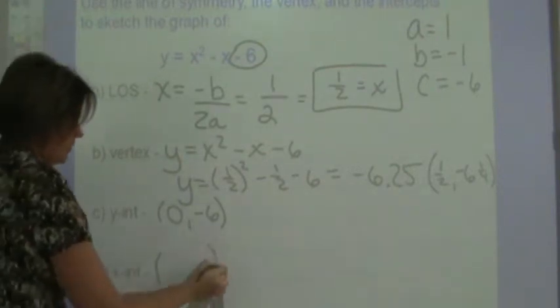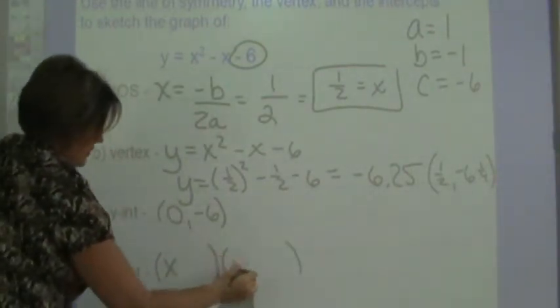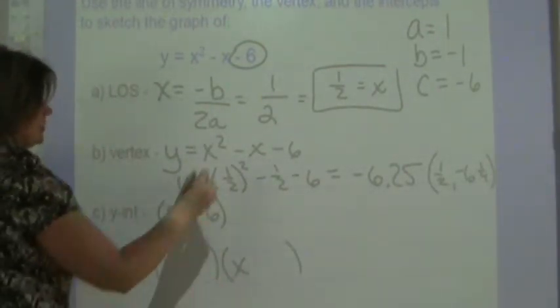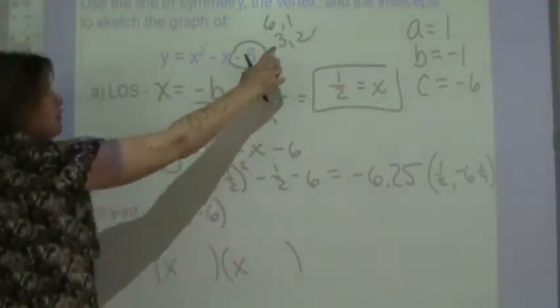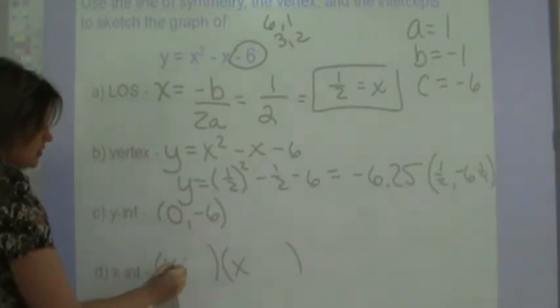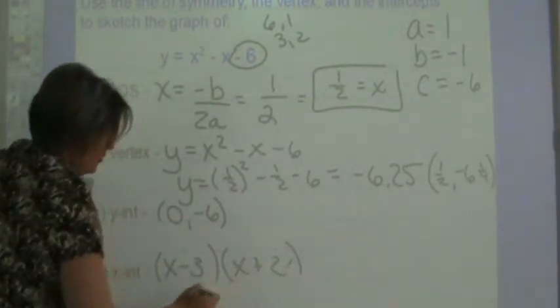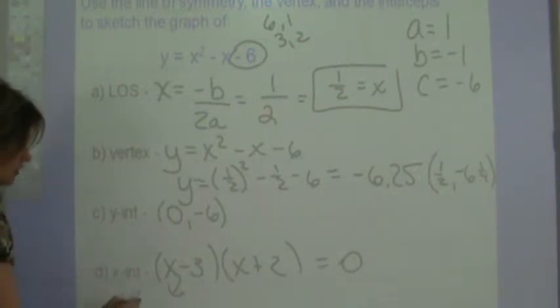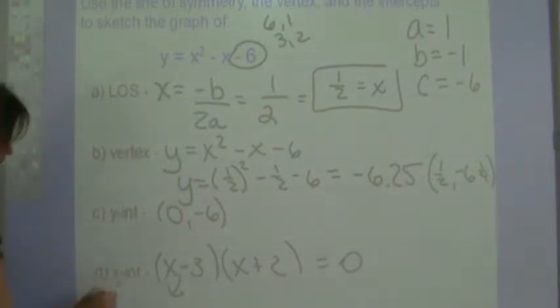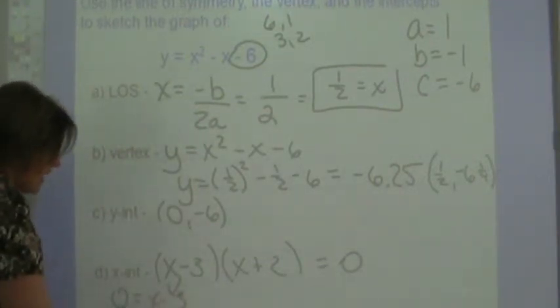And then we do our factoring. That's going to factor to, let's see, we want 6 and 1, or 3 and 2. Well, 3 and 2 when I subtract is going to get me my 1, so it's going to be x minus 3 times x plus 2. Set it equal to 0, split it. So my x-intercepts, all right, I'll do the work. 0 equals x minus 3, add the 3.